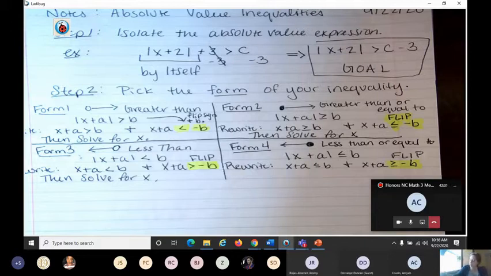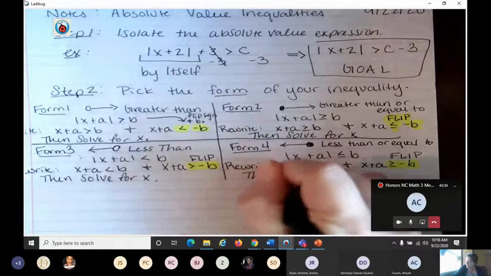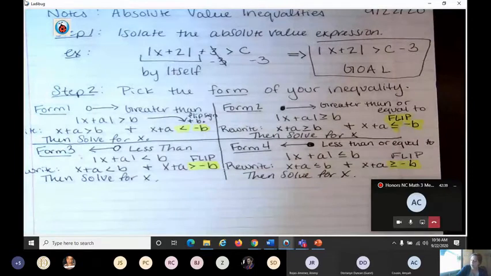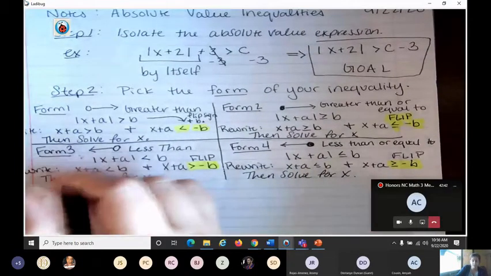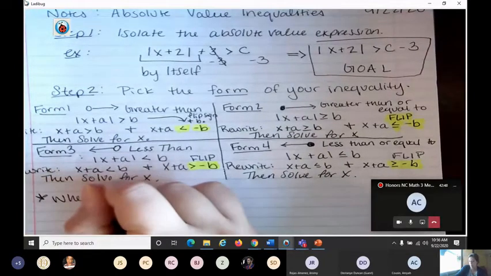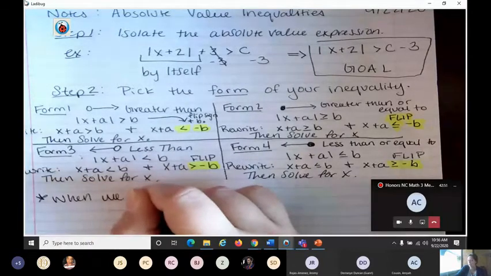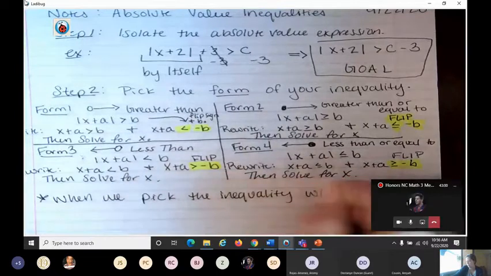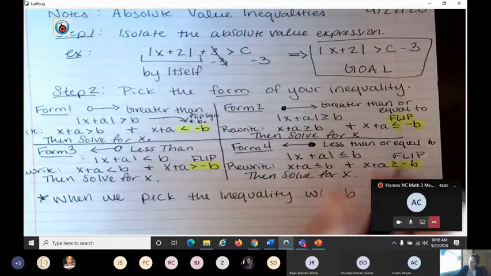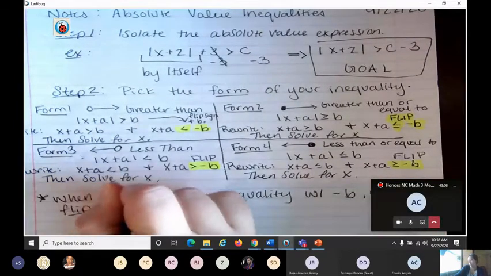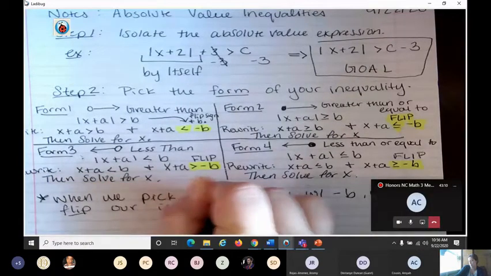Actually, there's one little statement that I want to put at the bottom. Oh, I forgot to write, then solve for x. Not that you wouldn't have known that. Okay, so at the bottom, I want to remind you, because some people forget. So when we set up, or when we pick the inequality with negative b, we flip our inequality sign.